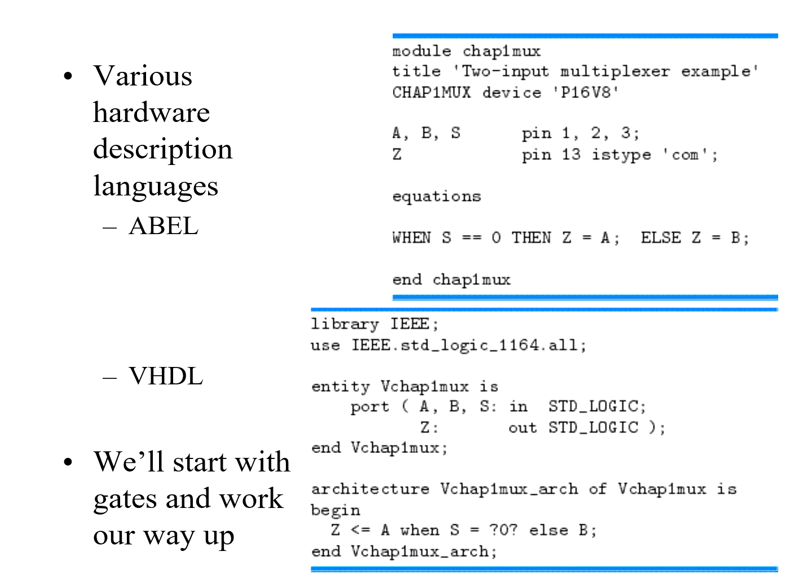And using the hardware description language, first we are going to design a circuit for the multiplexer. With the multiplexer, we start with the A, B and S select lines and Z output.